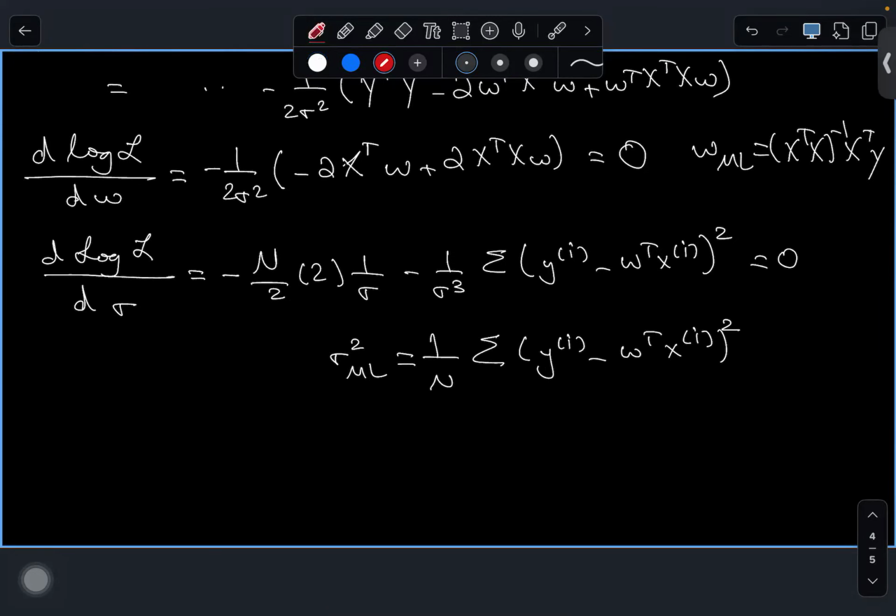So this is an equation we've seen before. This gives us the maximum likelihood estimate of the variance because we're assuming a Gaussian relationship between our data X and observation Y. Okay.